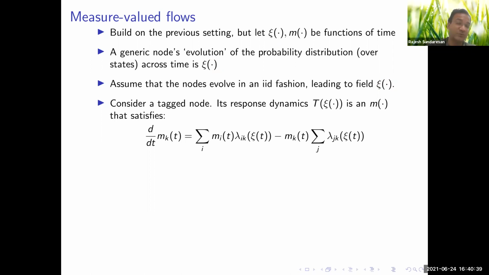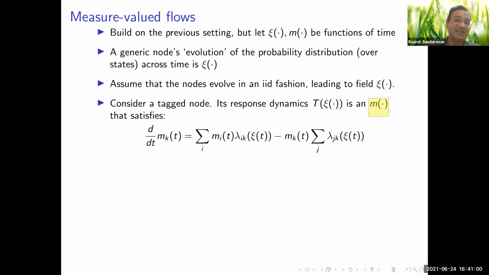And now we consider one tagged node and see how it responds to this field. So I call that response T of xi, and remember that the response must also be a measure valued flow. So that's an m dot, which is a response to the xi. So that's why I call it this, but it's an m dot which satisfies some condition.